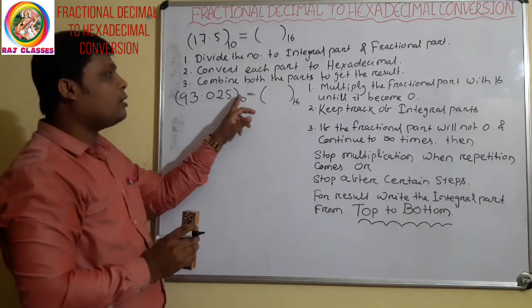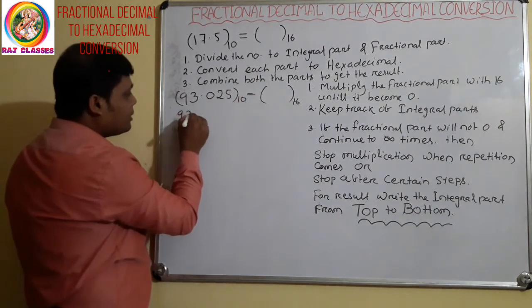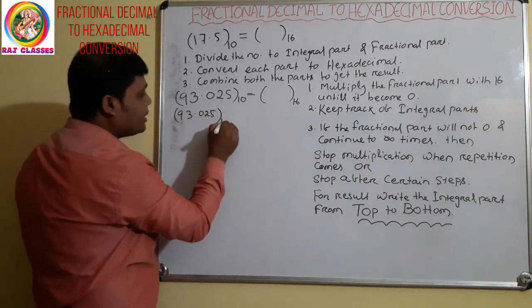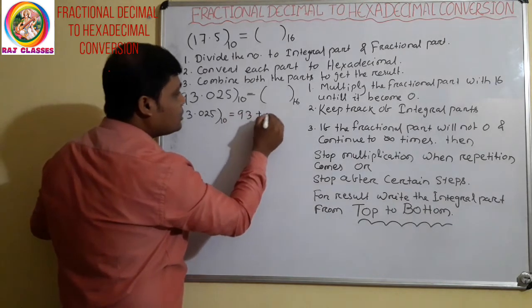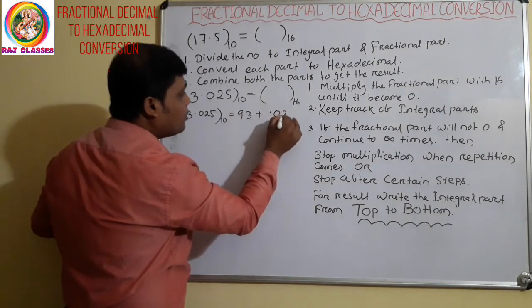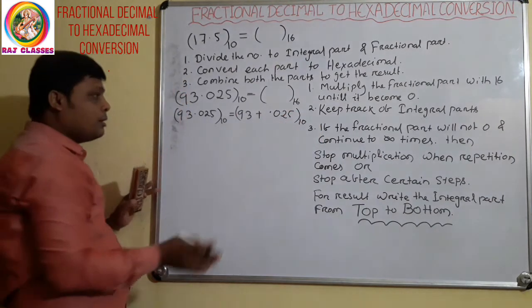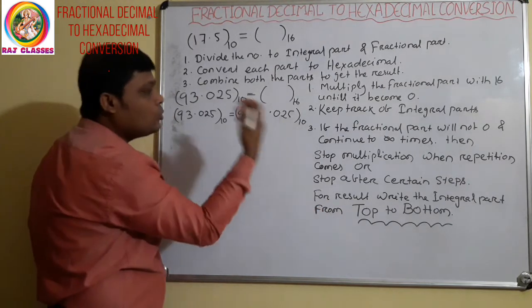I can write it as 93 plus 0.025 base 10. Clear? Now convert 93 to hexadecimal.